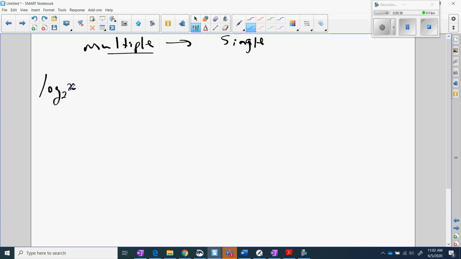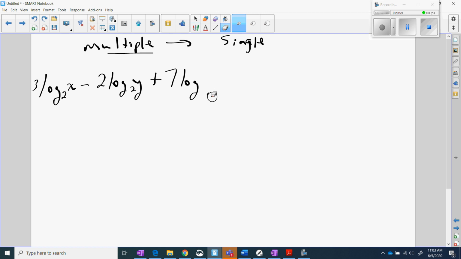So log of x, let's put a 3 in front of it. 3 log of x to base 2 minus 2 log of y to base 2 plus 7 log of, let's use a different letter, let's go with w to base 2. Let's put another subtract. For fun, let's put a 1/3 log of z to base 2.